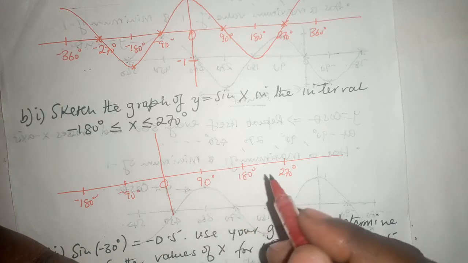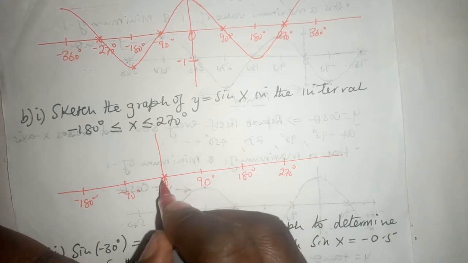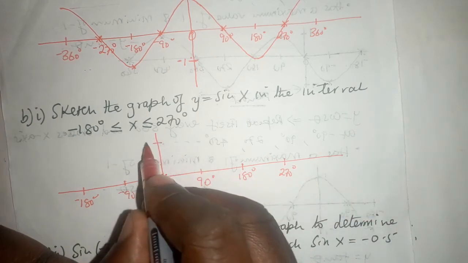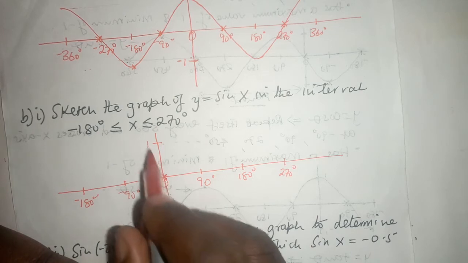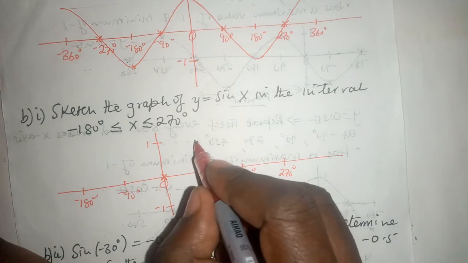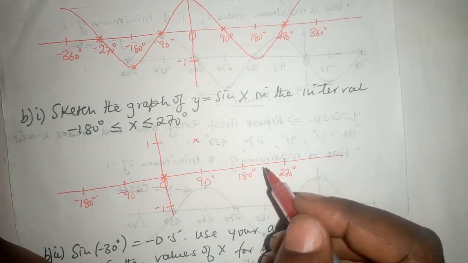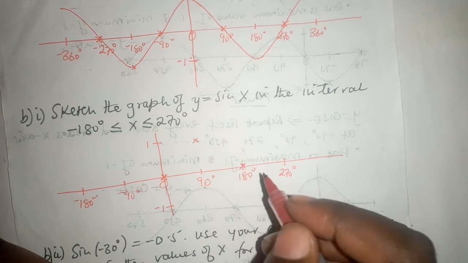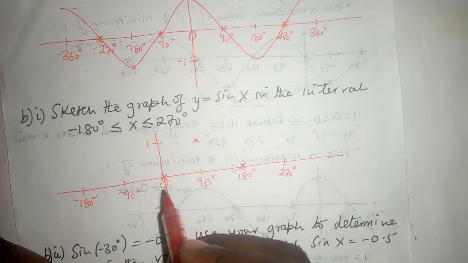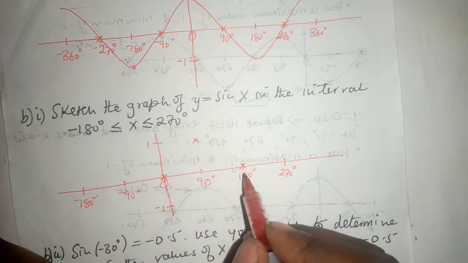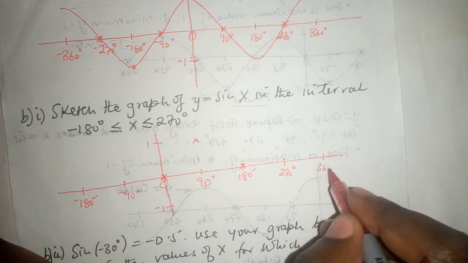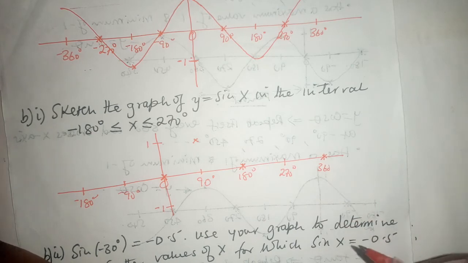We know very well that the sine of 0 is 0, and the sine of 90 is 1. Again, the maximum is 1 and the minimum is negative 1. So the sine of 90 is 1, and of course the sine of 180 is 0. We know that the graph of y equals sine x crosses the x-axis at 0, then 0 plus 180, 180 plus 180, then we go to 360, but of course that is outside the range.